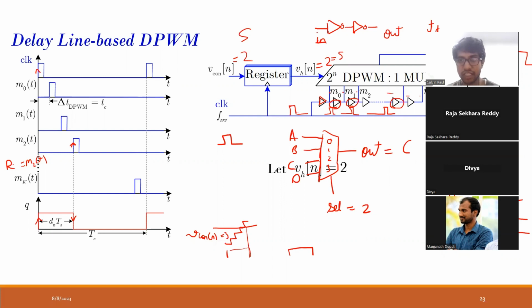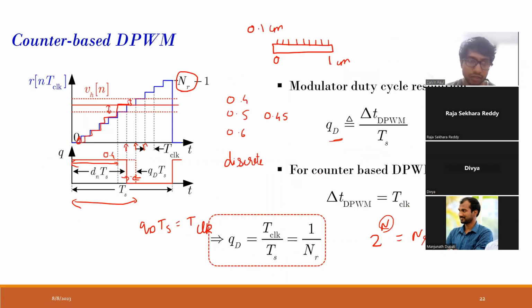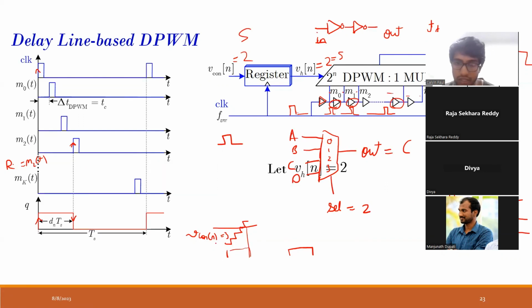Because of that variation in the delay of the various buffers, etc., they tend to give non-linearity. I showed the previous graph, right? Over here, our graph we want it to be like this, like this, like this. But what graph we could get is probably, let me change the color.